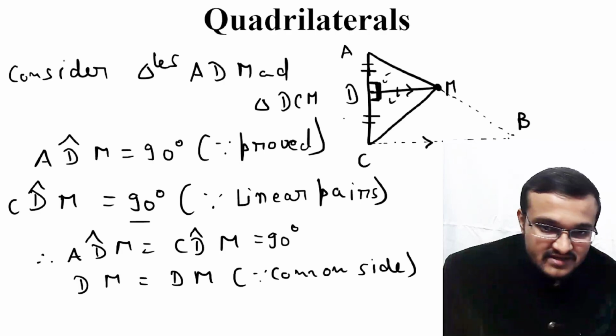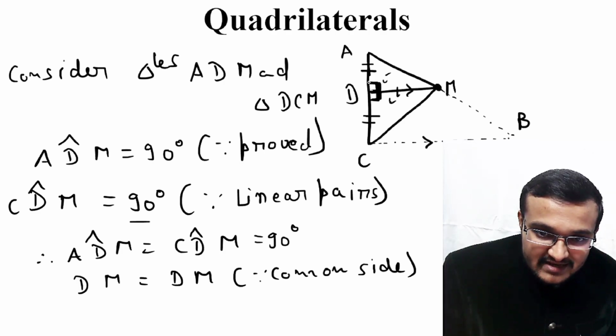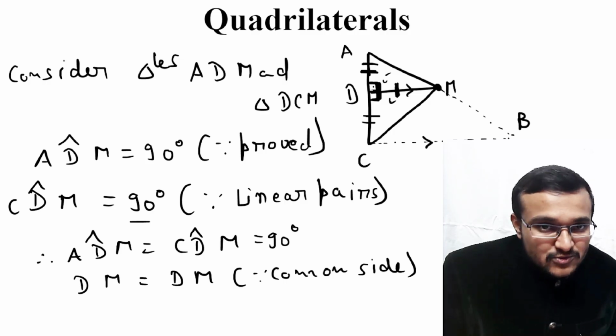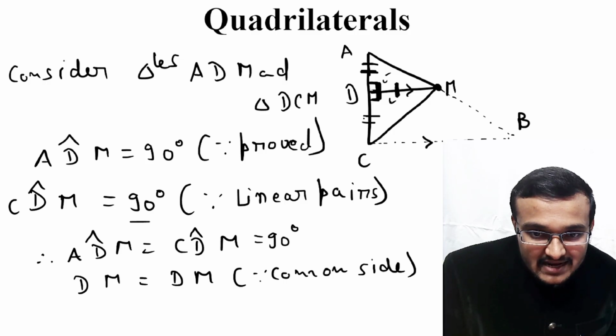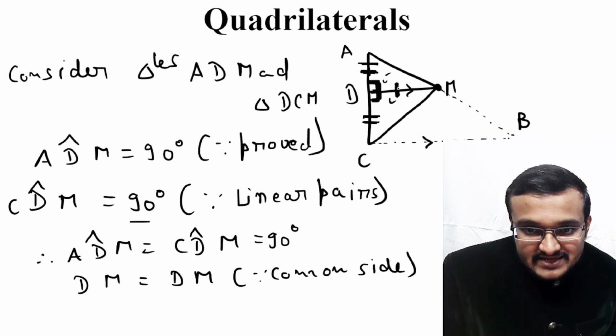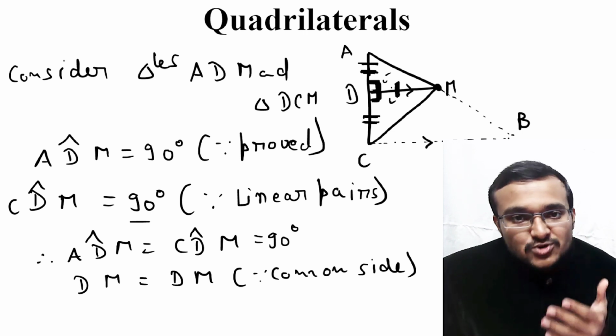So that means here we have proved this particular angle and two sides across that particular angle, that is AD and DM, are equal to DC and DM. Here AD is equal to DC, and the middle angle, that is ADM, and this particular angle are equal to each other. The next corresponding side, that is DM, is acting as a common side.